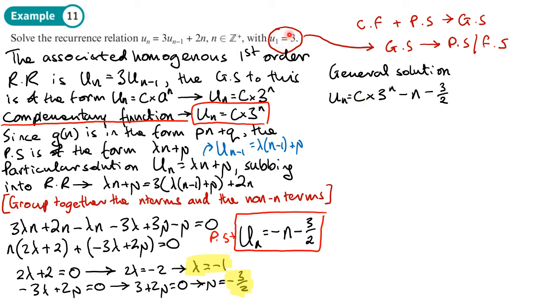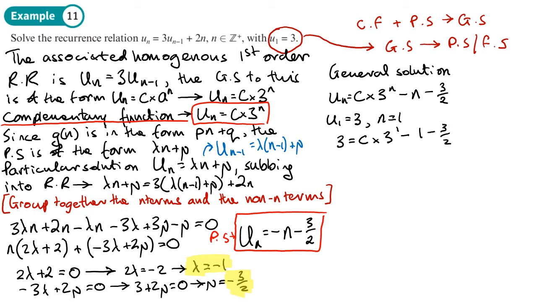Well, now I substitute in this initial condition, u_1 equals 3. If I'm substituting in u_1 equals 3, that means I'm also substituting in n equals 1 because this subscript is 1. So that will give us 3 equals c times 3 to the power 1, minus 1, minus 3 over 2.